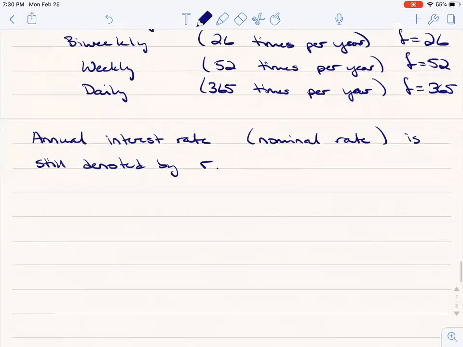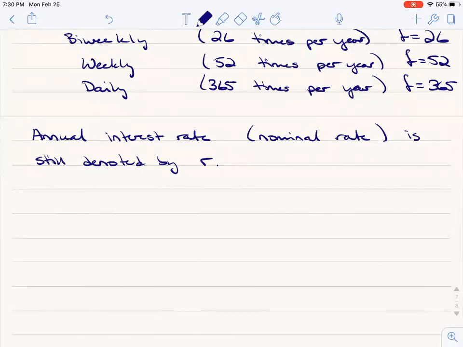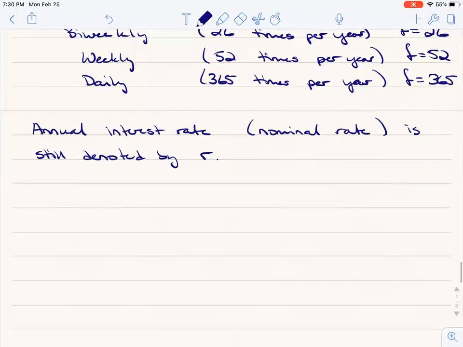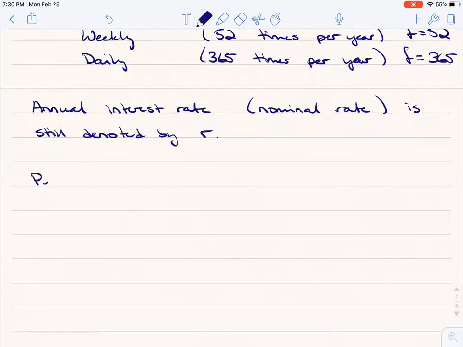Okay. So the annual interest rate is still denoted by R, but now we're going to start calculating the periodic interest rate.